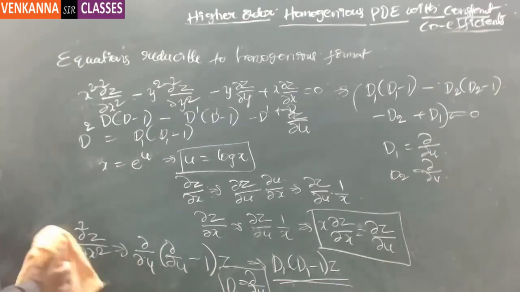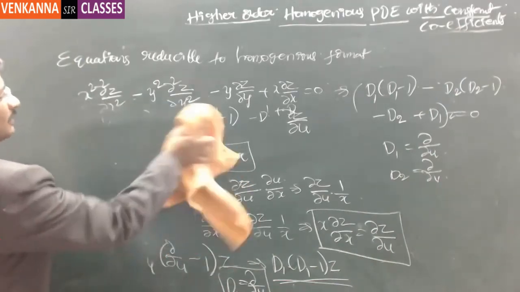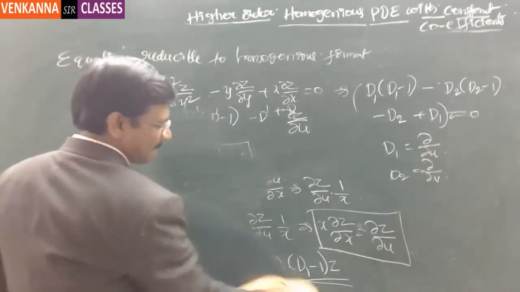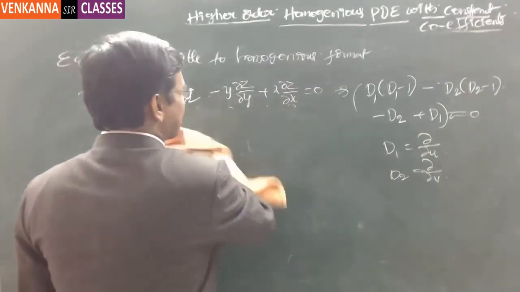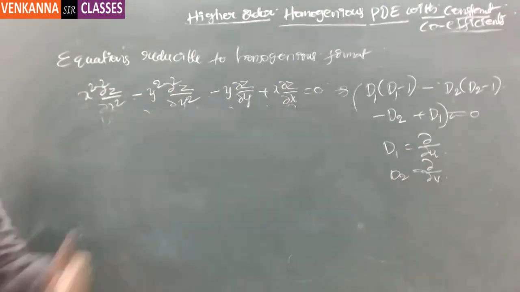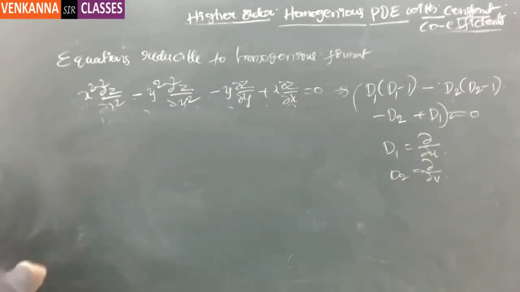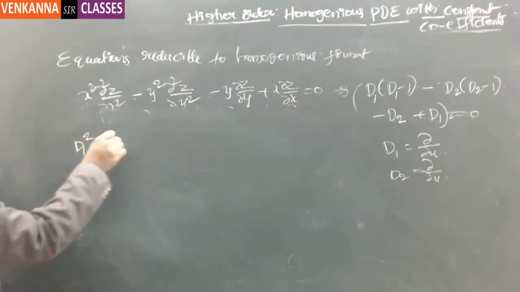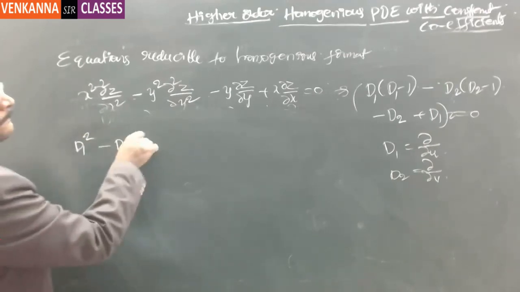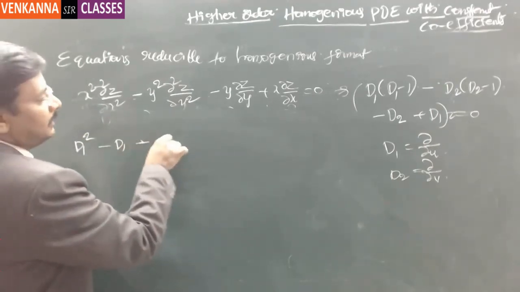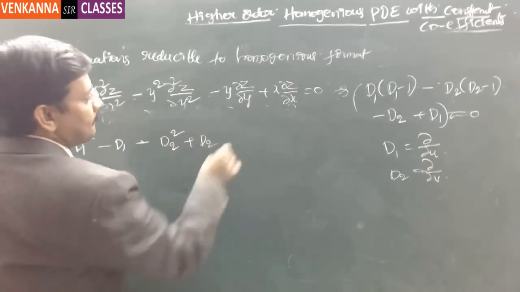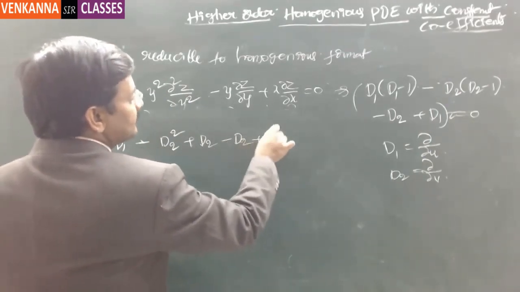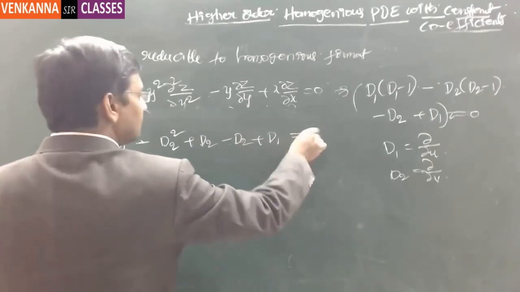Now based on this understanding, let us solve this differential equation. So this can be replaced as that one. So that is D1 square minus D1 minus D2 square plus D2 minus D2 plus D1 equal to 0.